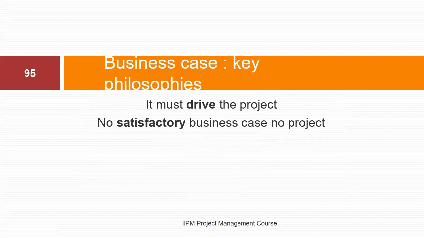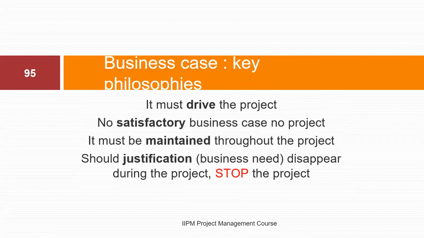Now, business case key philosophies: it must drive the project. If the business case is not satisfactory, then there is no project. It must be maintained throughout the project. Should justification or the business need disappear during the project, stop the project.